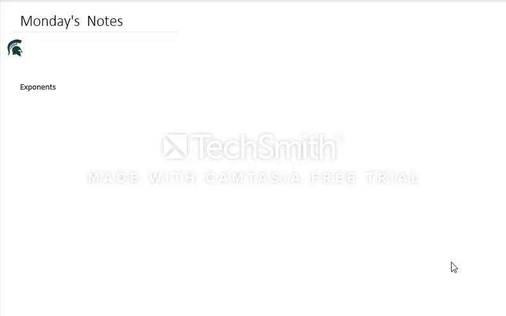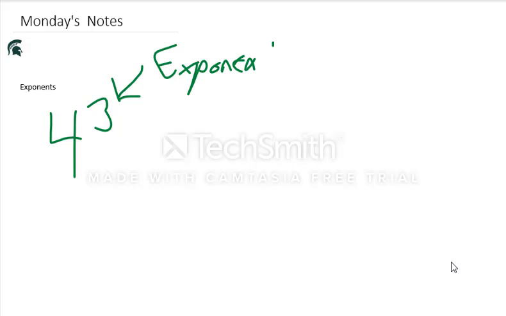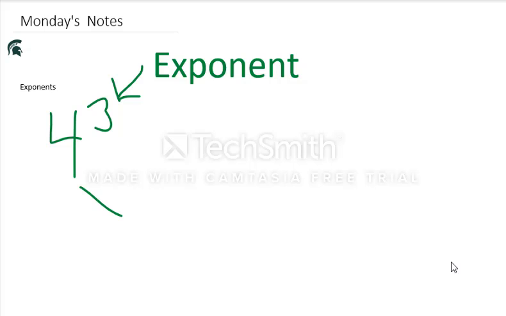So if we start with 4 to the third power, the number up top, that is our exponent. All right, and you guys should know that piece. And the 4 is what we call the base.